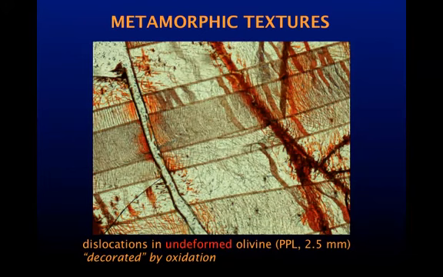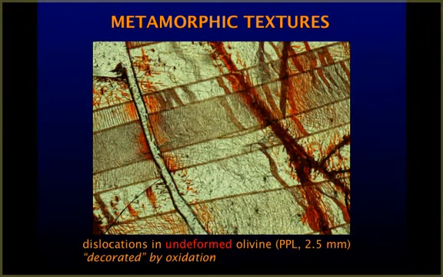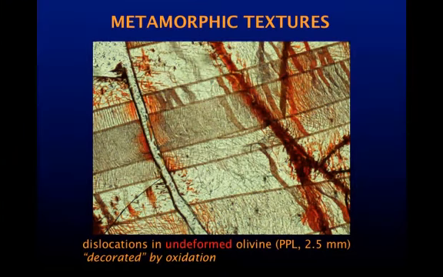These are actually visible dislocations that we can see because they've been decorated by oxidation, basically. So look at these reddish-brown planes in there, and those are the dislocations within an olivine.